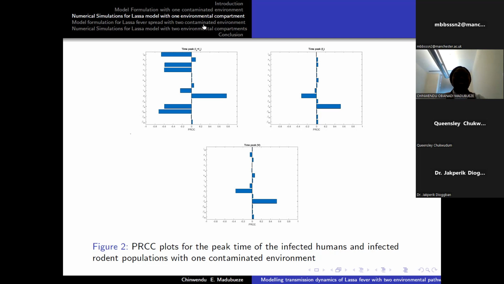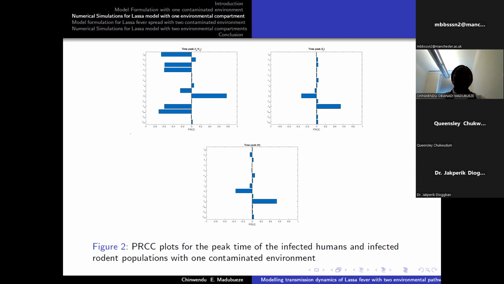So what happened there is that we now fix all the rat parameters constant and focus on other parameters to see what we can do, since we cannot control that. And if you want to say, okay, they are going to use some rat poison or whatsoever, that also has its own implications, which can be very dangerous to the system.